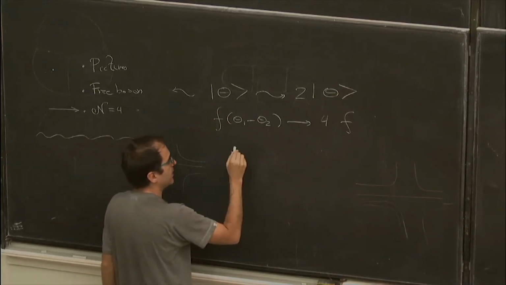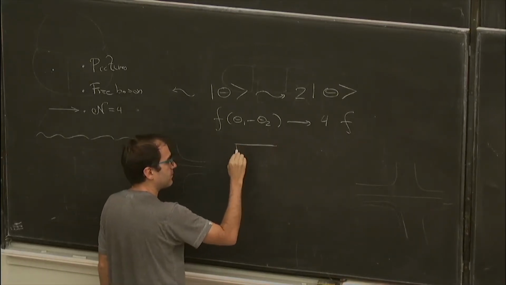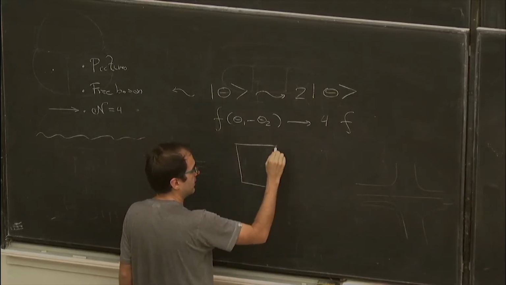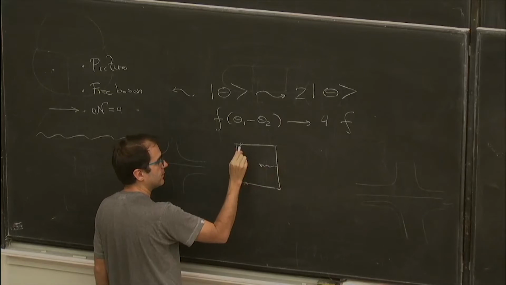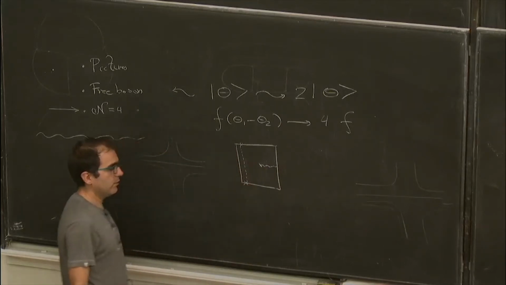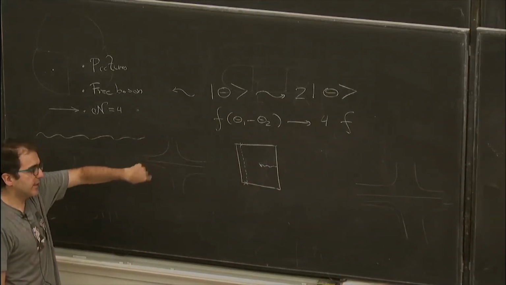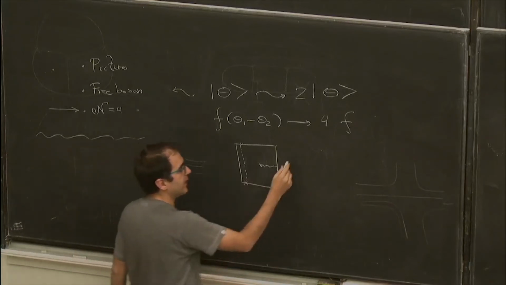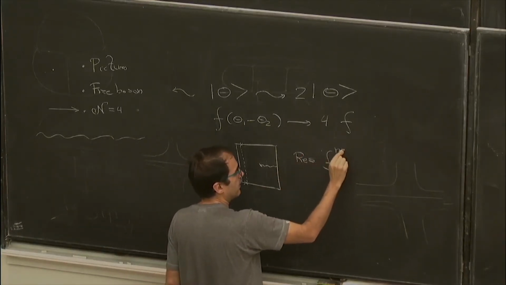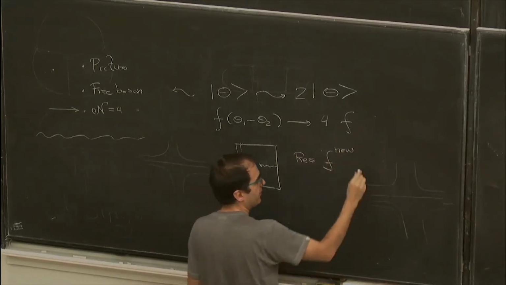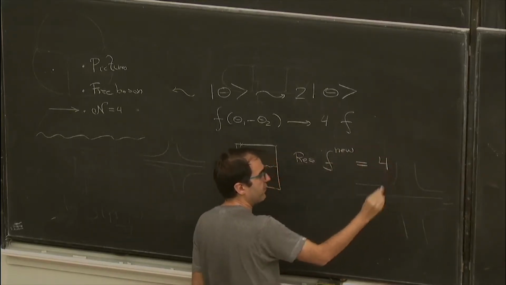That's easy, because you remember that when we consider this decoupling limit, where we decouple the particles, we say that we just get rid of them. In that case, when we compute the residue of the form factor, this residue would be 4.